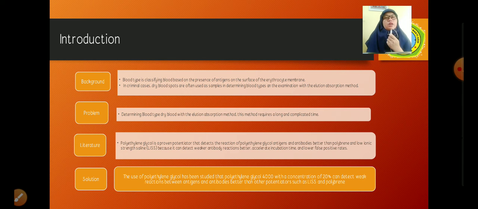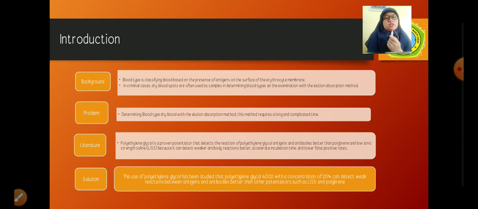In criminal cases, dry blood spots are often used as samples in determining blood types, with the elution absorption method.